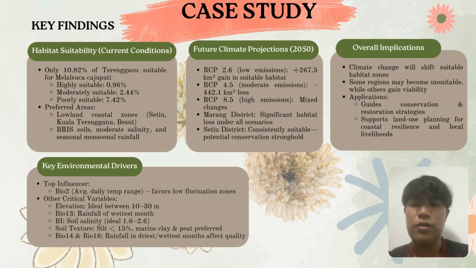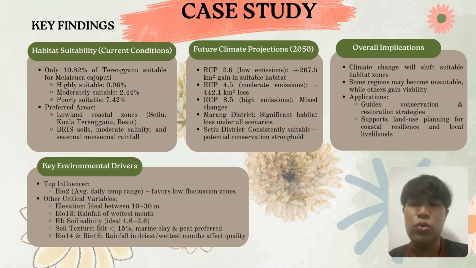Under current climate conditions, only 10.82% of the state's land area was found to be suitable for the species, with 0.96% classified as highly suitable, 2.44% moderately suitable, and 7.42% poorly suitable. These suitable areas are mainly confined to lowland coastal zones, particularly in districts like Setiu, Kuala Terengganu, and Besut, where environmental conditions such as sandy BRIS soil, moderate salinity, and consistent monsoonal rainfall prevail.